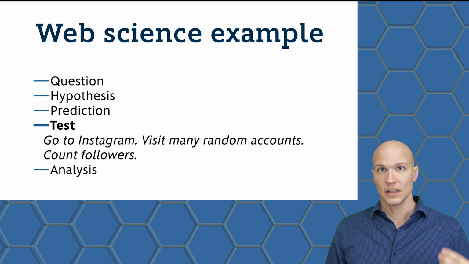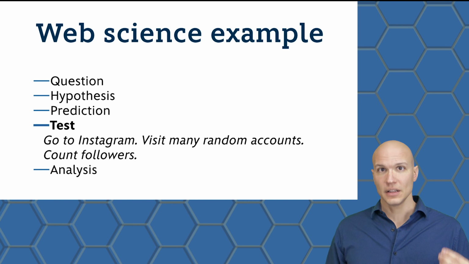It was the result of dozens of studies on lots of populations from lots of directions. So you can imagine this Instagram study as providing one little additional brick in a wall of evidence that would be necessary to really answer our question about how many friends people tend to have. We're providing that small, incremental contribution by going to Instagram, visiting lots of accounts, and counting the followers.